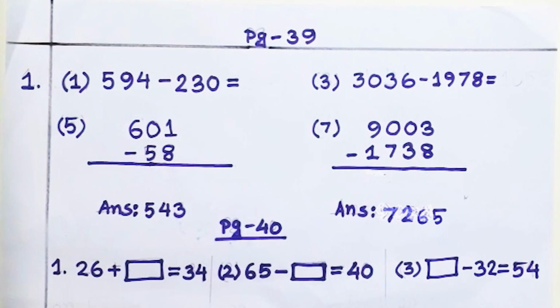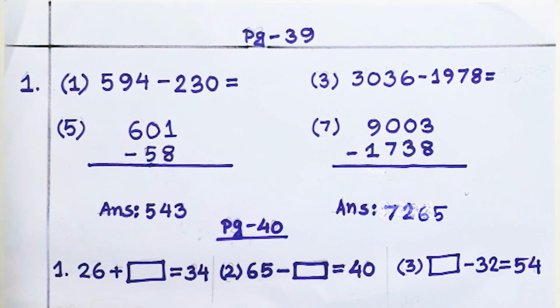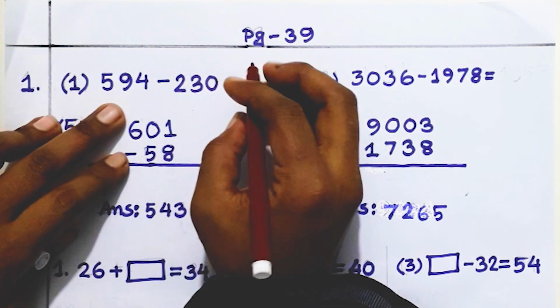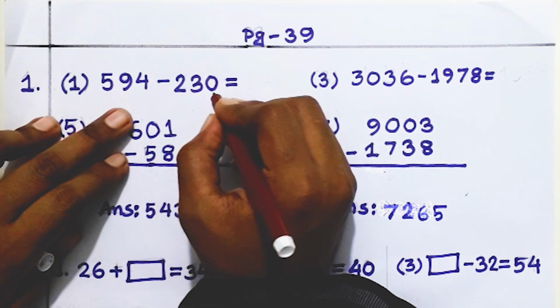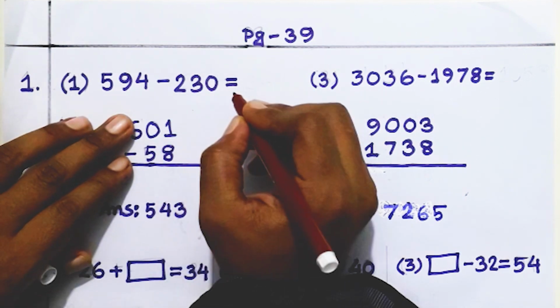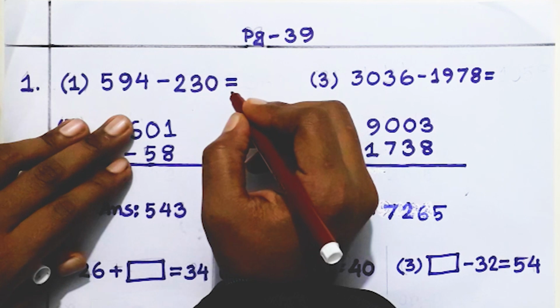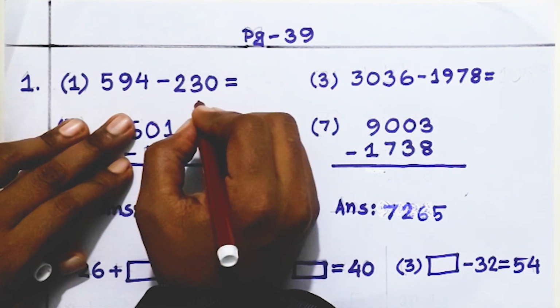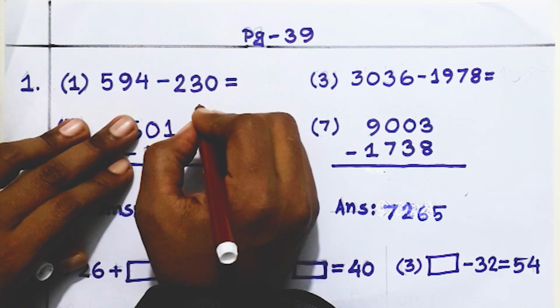Today we will do subtraction from your elementary maths book, page 39 and page 40. From page 39, here is 594 subtract 230. All of you know that we will start math from your right side, that means your unit position.